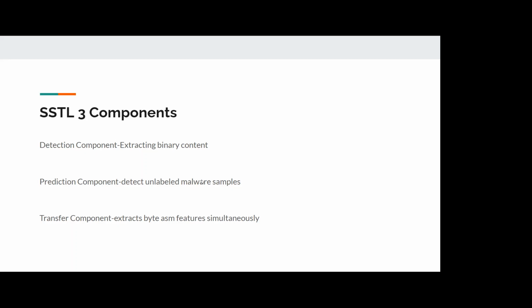And then it has a transfer component that extracts the bytes and assembly features simultaneously. It uses the prediction component to predict the assembly features, and it uses the combination of unlabeled data acquired by the byte classifiers to predict labels and transfer samples from the byte classifier, which can be learned from to improve the detection accuracy.